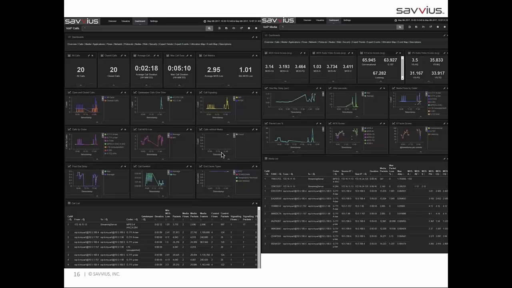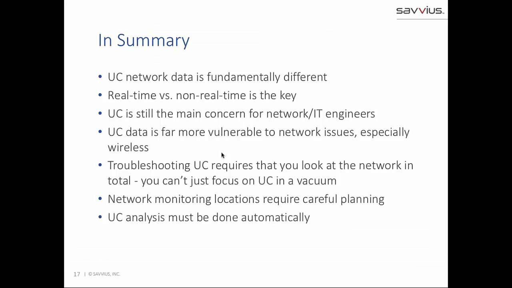We also have some dashboards for our Insight unit that will allow you to capture data over time for voice over IP. So in summary, between the last webinar and this one, hopefully I've made the point that unified communications data on the network is fundamentally different from your traditional TCP/IP data. The real-time aspect of it is key and cannot be ignored.